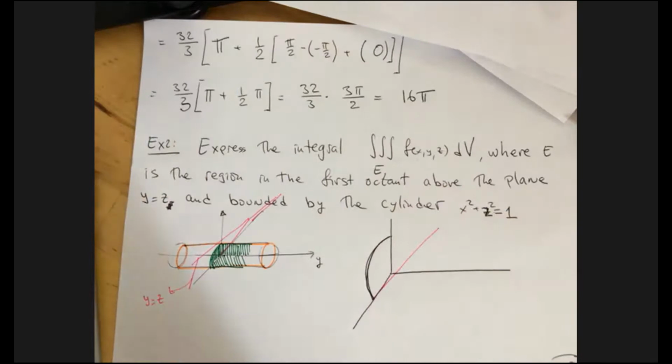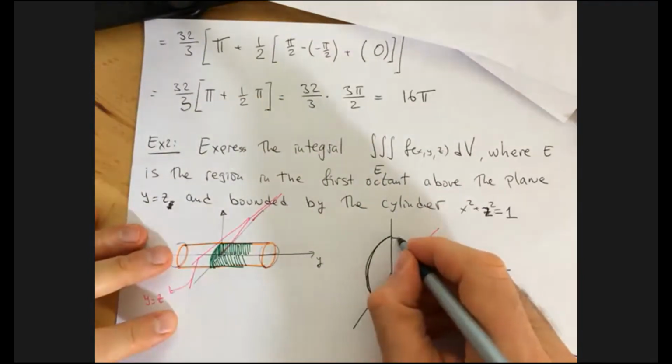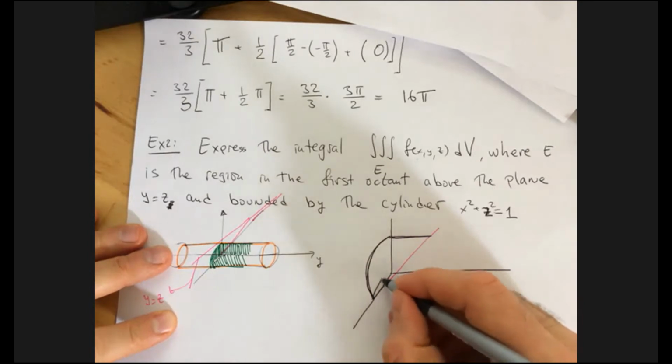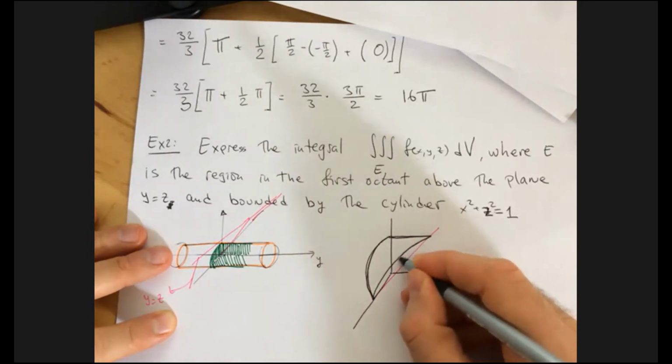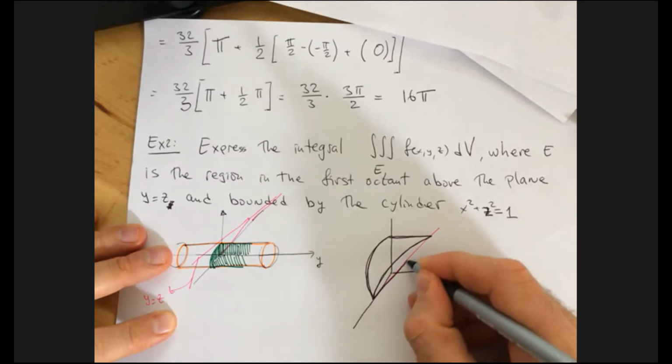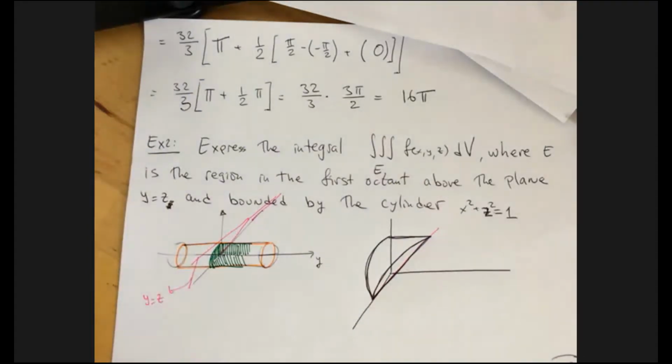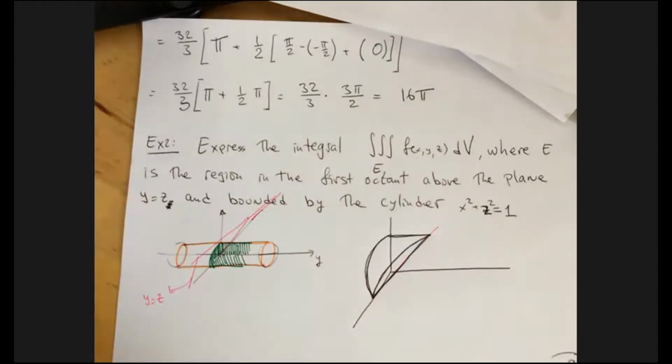So basically, this is going to be my region above which I integrate the function f of x, y, z. Do you understand this? Should I do this again, or do you have some kind of understanding of what's going on? That's good.